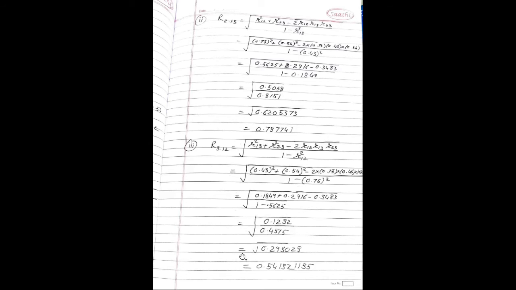Perform the division. The answer is square root of 0.293028. The square root of this number is 0.5413211135. So capital R3.12, the answer is 0.5413211135.